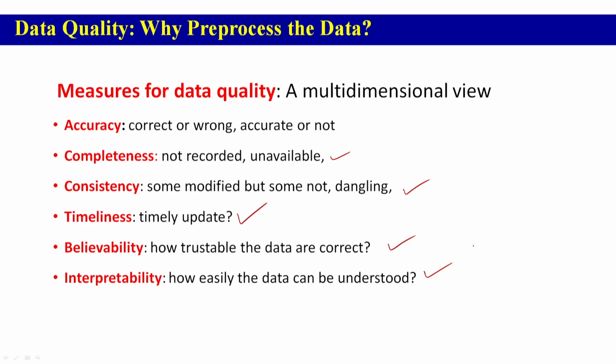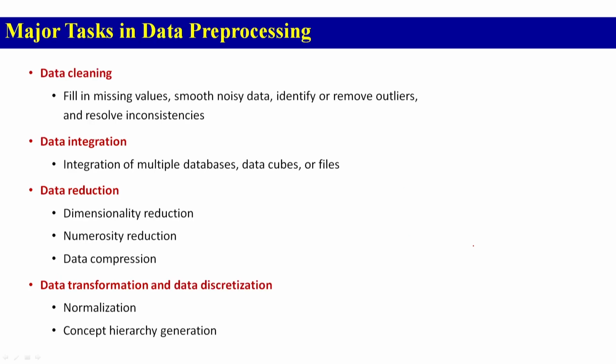So, you understood these are the 6 parameters on which quality of data can be measured: accuracy, completeness, consistency, timeliness, believability and interpretability, out of which the first 4 things, that is accuracy, completeness, consistency and timeliness, can be measured by numerical values. Believability and interpretability depend on person to person. Okay. That is about the things.